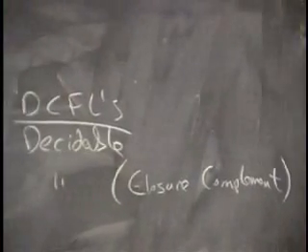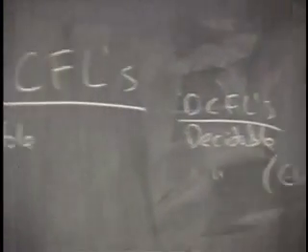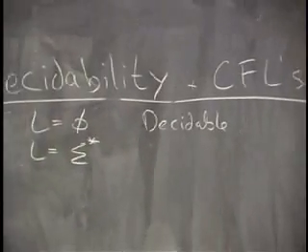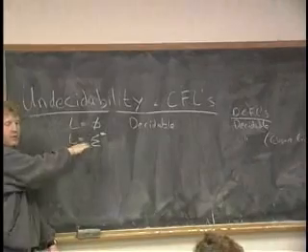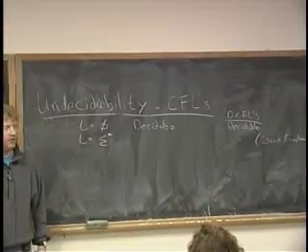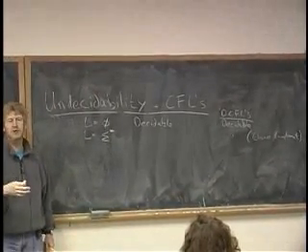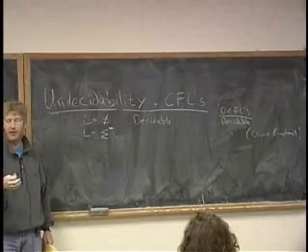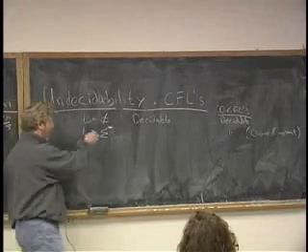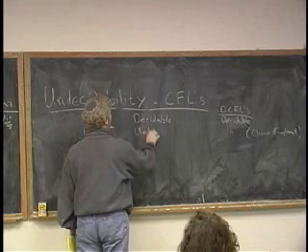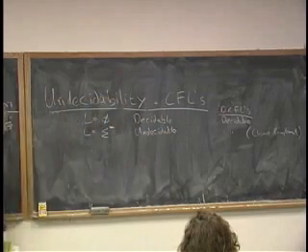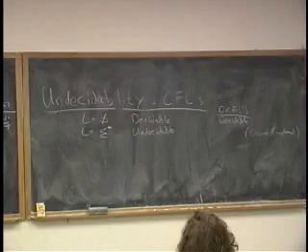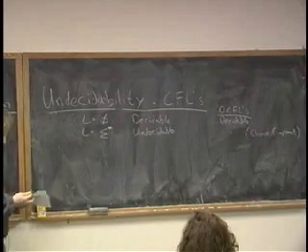So if you take a language and you take its complement and it knocks you out of the context-free languages higher up, and then you're hoping to check whether that's empty in order to determine whether the original was everything, you're dead in the water, because checking whether Turing machines or unrestricted grammars accept nothing, that's hard to do. And in fact, doing this is hard to do. There's no way around it. And I'm going to prove to you today that checking whether a given CFL accepts everything is undecidable.